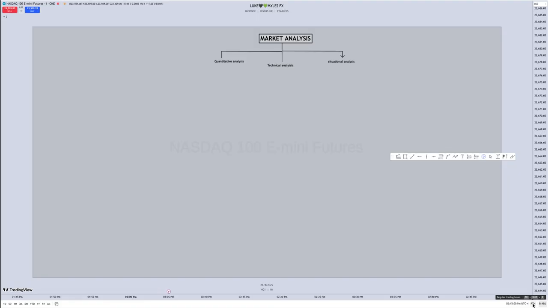So if we are to look into technical analysis, technical analysis includes two things. You have to consider two things when you're going to use technical analysis.